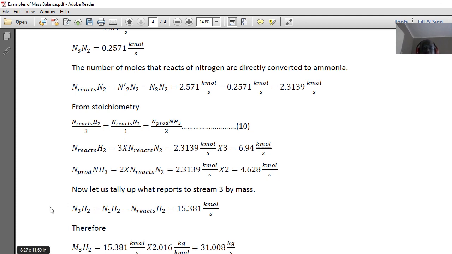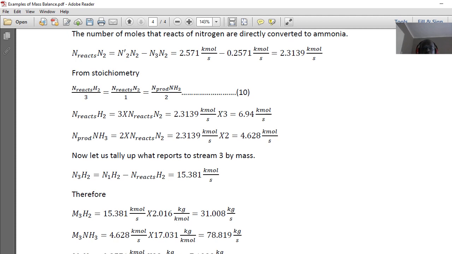Similarly, the N produced ammonia will be 4.628 kilomoles per second. Now, let's tally up what reports to stream 3.